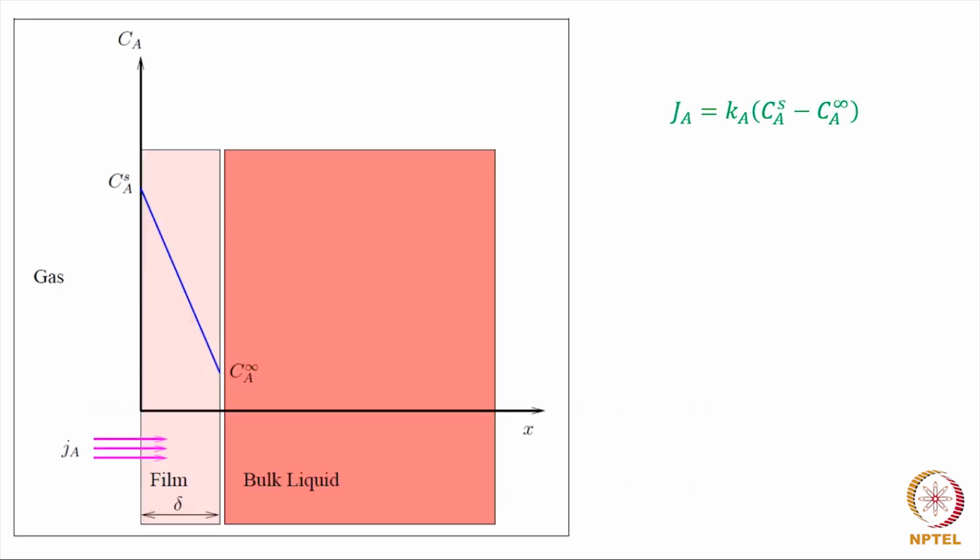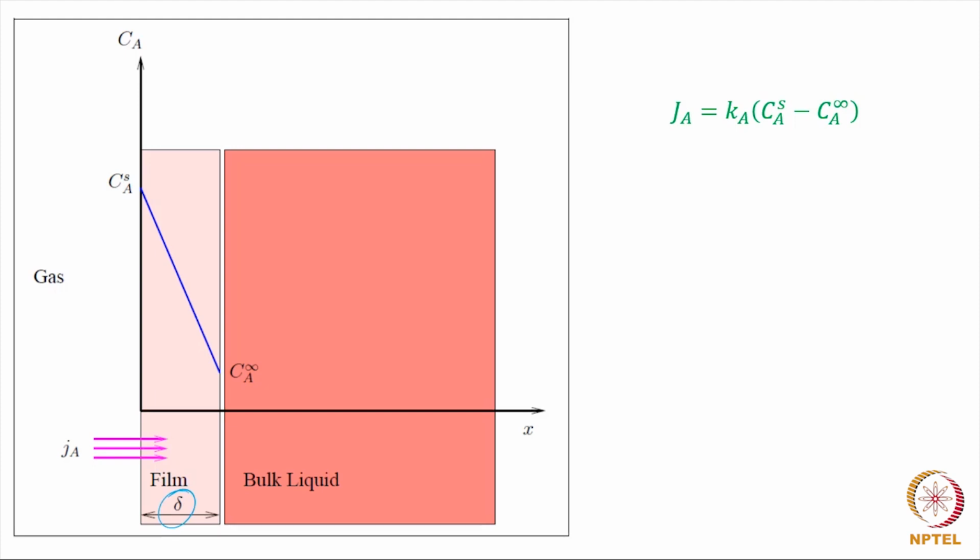So the assumption in this model is that the interface between the gas and the liquid, where the solute transfer is taking place, is actually happening over a thin region, a film-like region, the thickness of which is given as delta, and the flux is actually taking place across this film thickness.